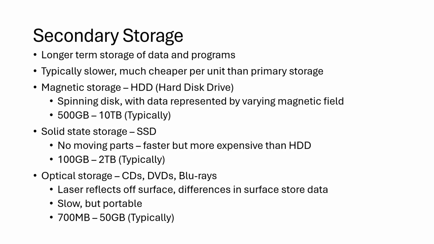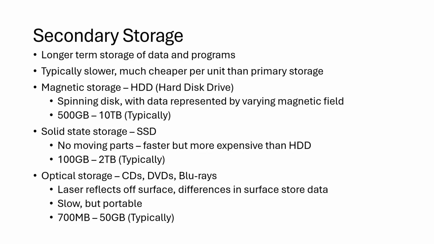The main types we have of it are magnetic storage. So this is a hard disk drive, your traditional large spinning disk thing. It has a metal disc in there, and the data is stored on this magnetized metal disc by the magnetic field on its surface being varied, essentially.